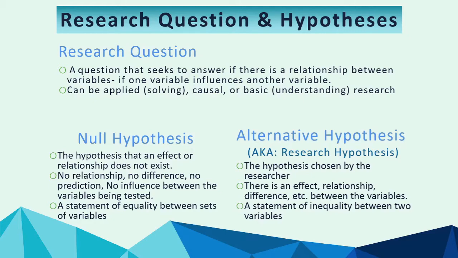You have a null hypothesis and you have an alternative, or a research, or sometimes even called a scientific hypothesis. A null hypothesis will always be that nothing is happening, that there's no relationship, there's no difference, there's no influence, no impact, no effect. The null hypothesis is saying in general that there's nothing happening between these variables.